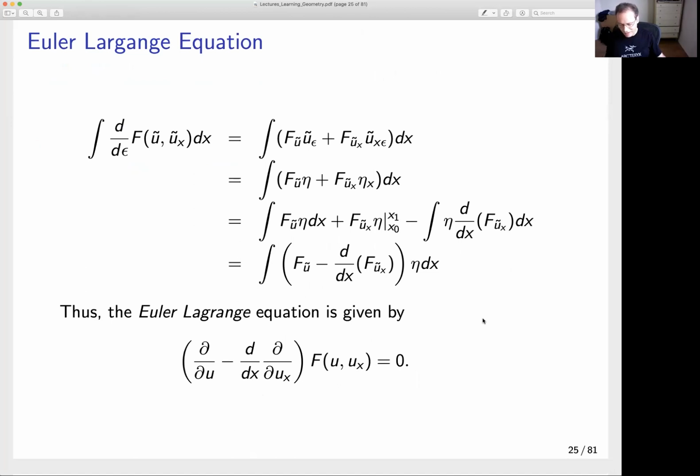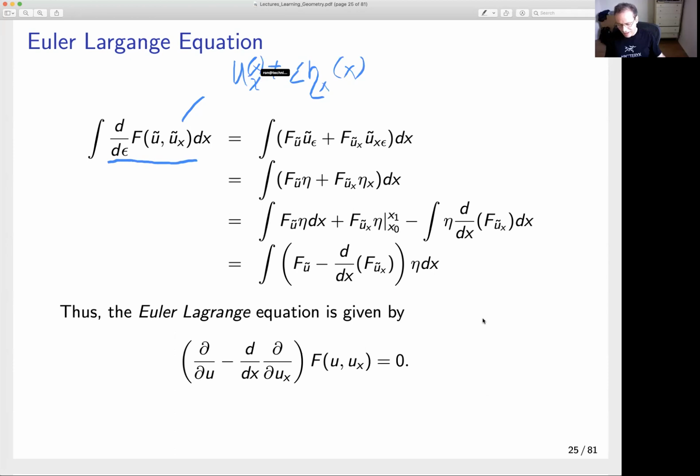Let's take the full derivative of f of u tilde, and obviously the derivative with respect to epsilon. So remember what I have here is u of x plus epsilon times eta of x, and epsilon is a scalar.